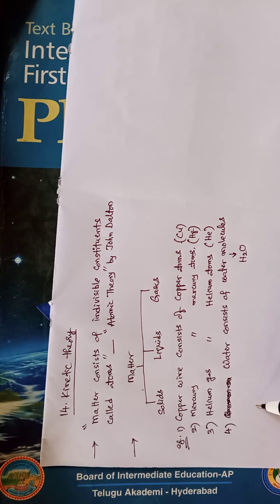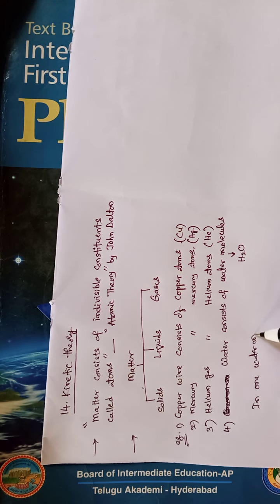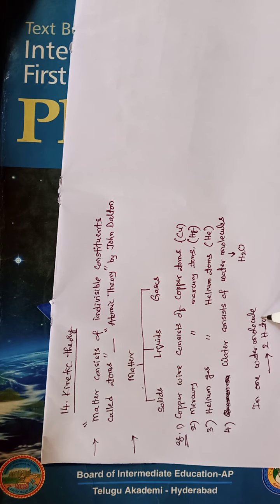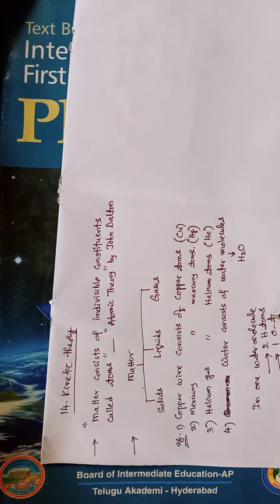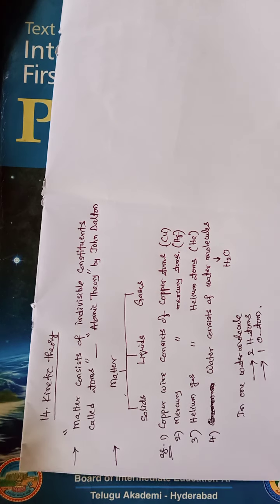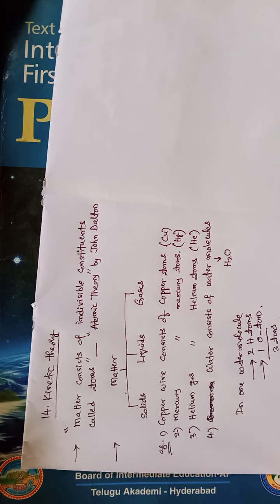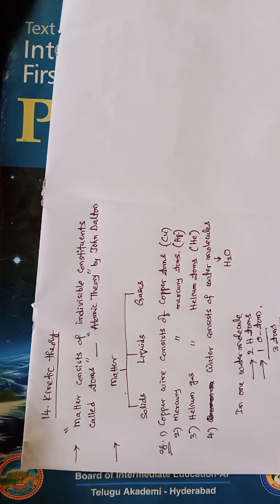So in one water molecule, we have two hydrogen atoms and one oxygen atom. In total, it is made up of three atoms.